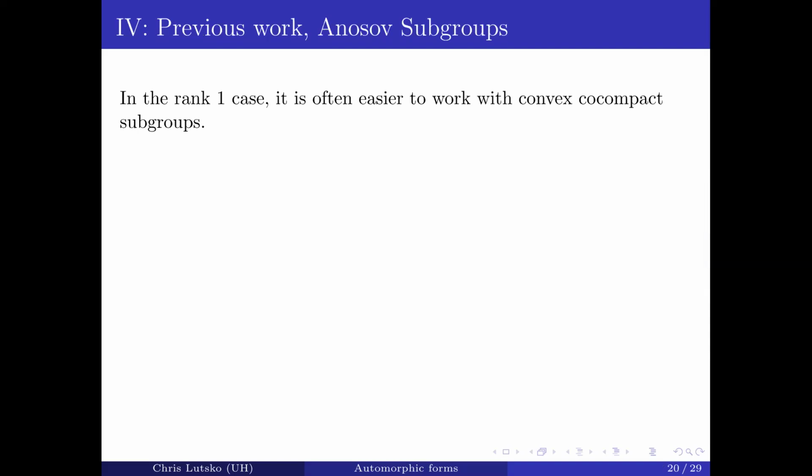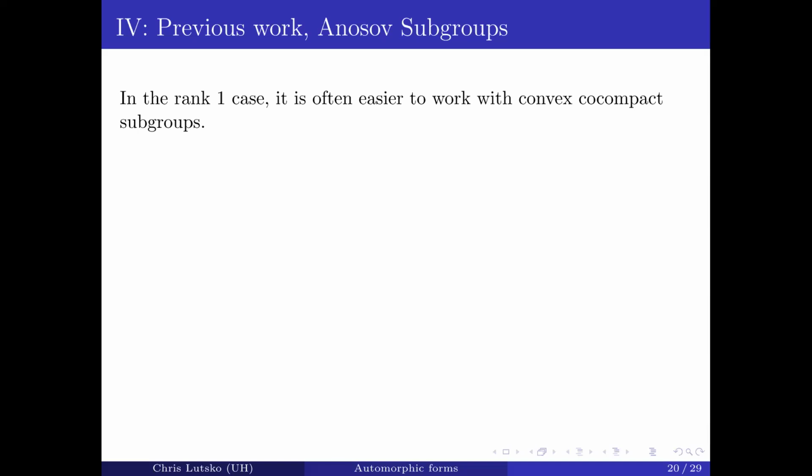I should say something because this work didn't come out of nowhere. In rank 1, it's often easier to work with convex co-compact subgroups. What this means is that you can control where the dynamics happens.